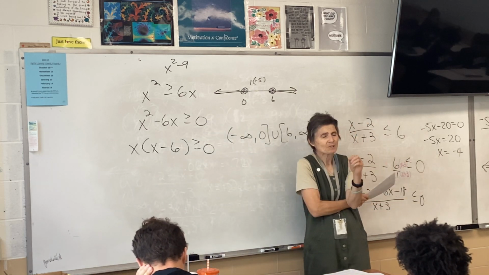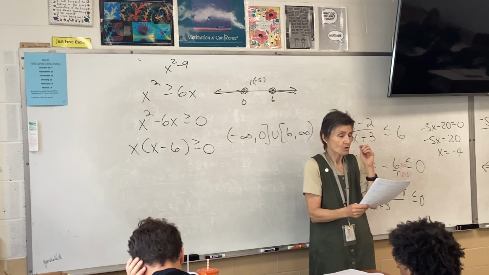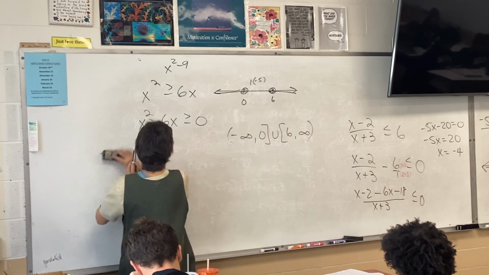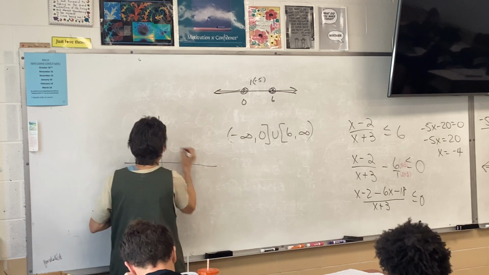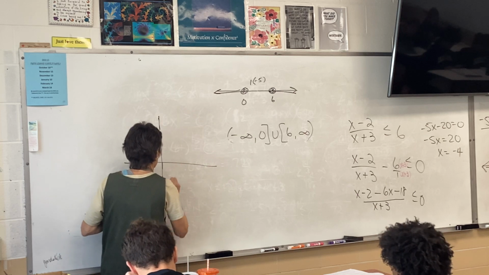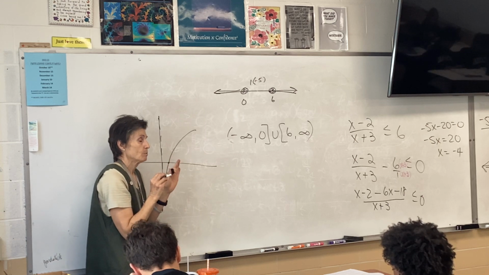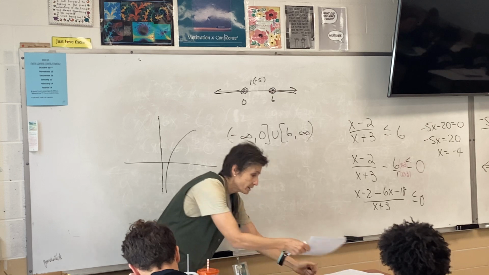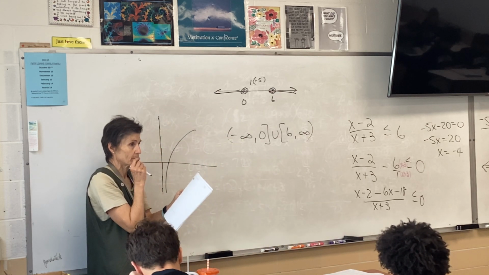We have to match the function with its graph. So, let's not forget that the basic logarithm looks like this, right? Now, take a look at, let's say, the second equation.